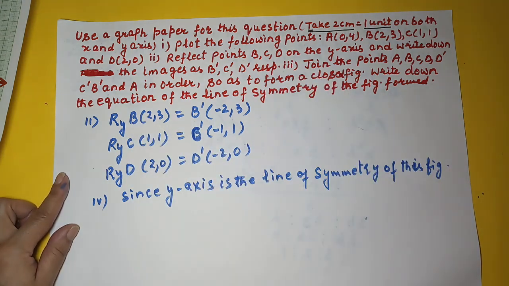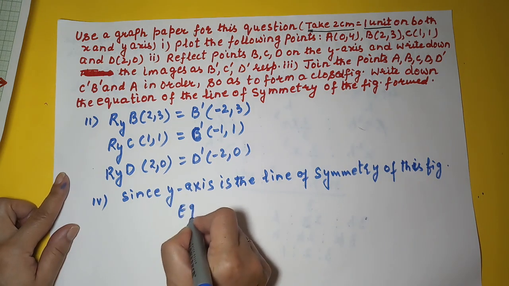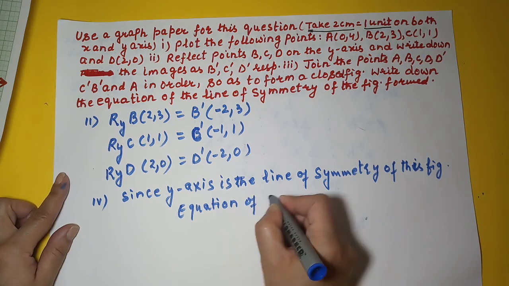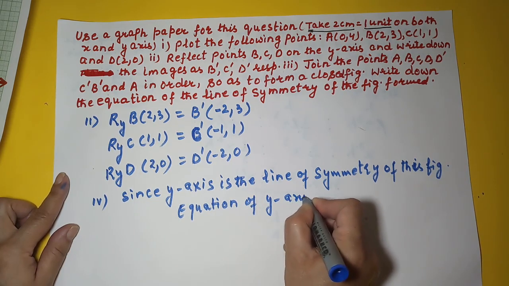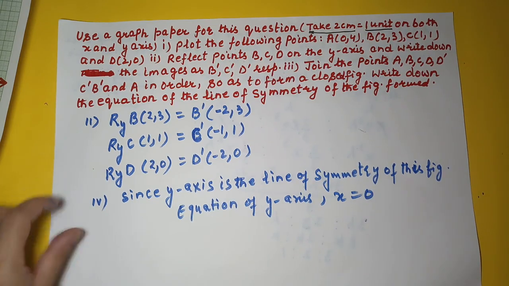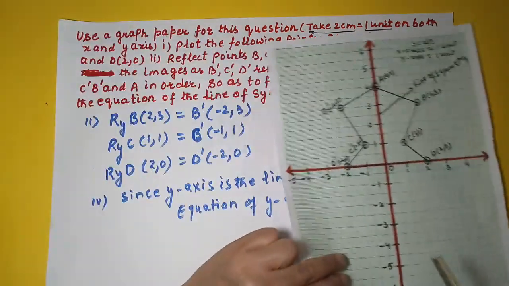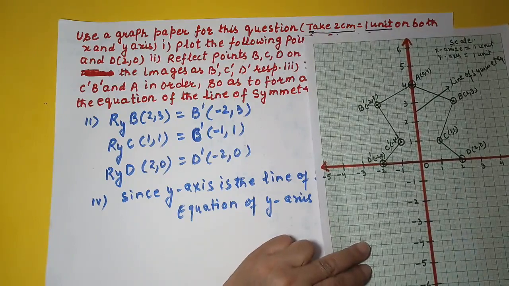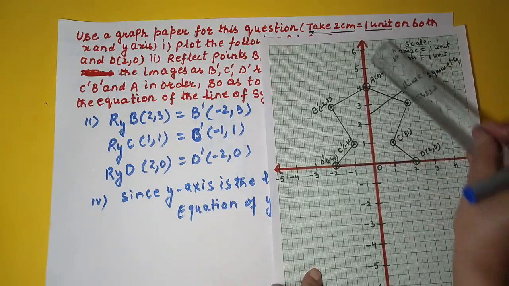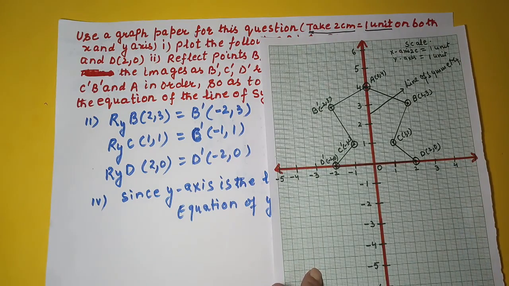He's asked us to find the equation of the line of symmetry. So equation of y-axis is, as we know, x equal to 0. Fine. So this is our figure. Y-axis is the line of symmetry here, and the equation of y-axis is x equal to 0.